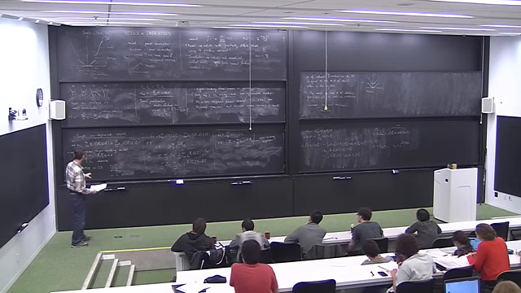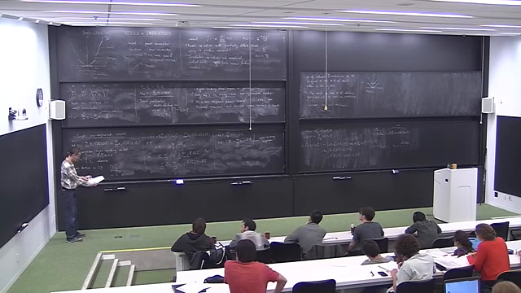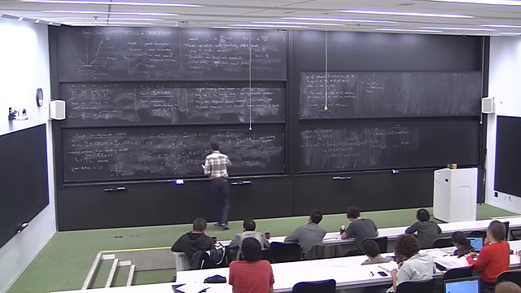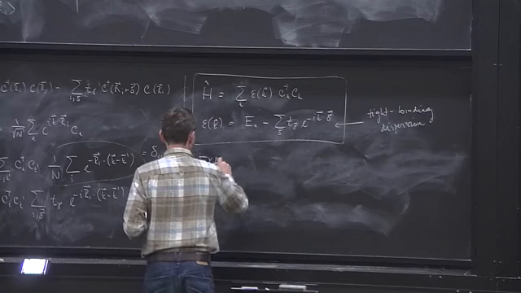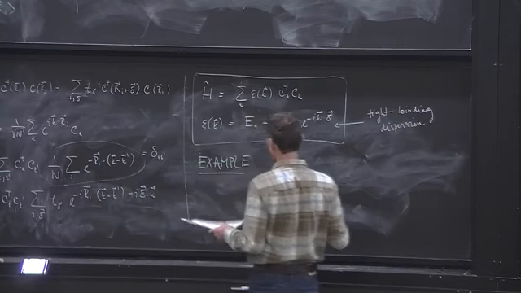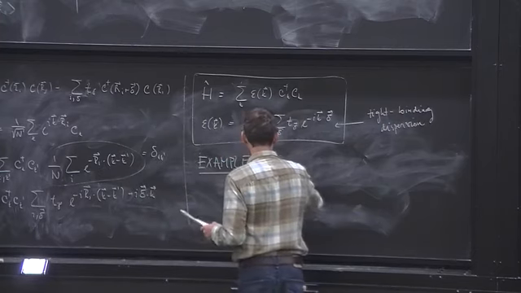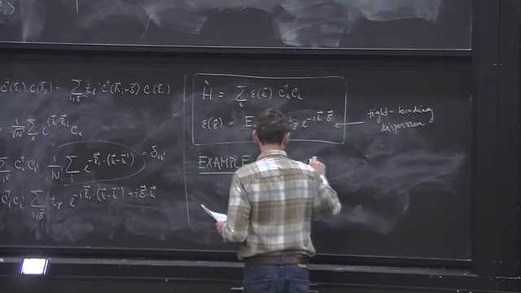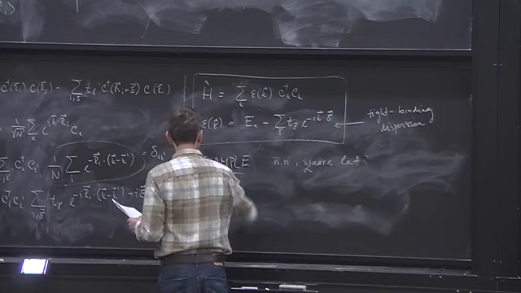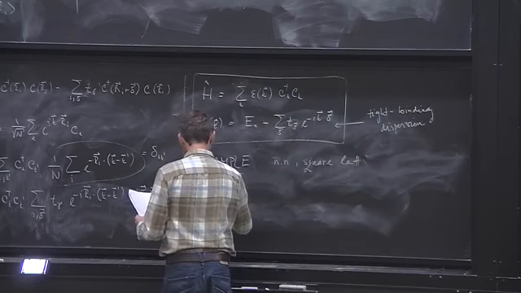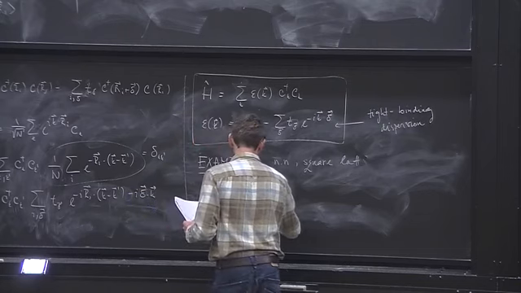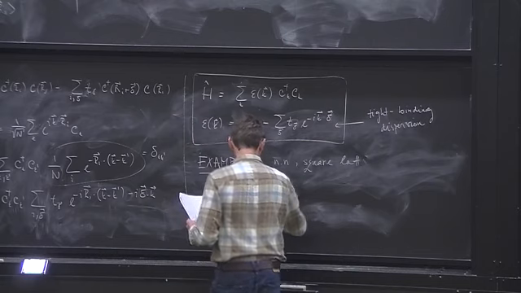So let's now revert to our example, the nearest neighbor tight binding model on the square lattice. So in that case, nearest neighbor square lattice, I have deltas that are plus minus a_x and plus minus a_y, right?